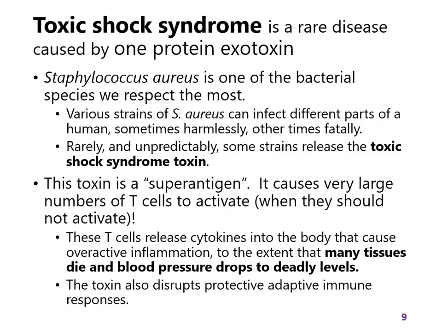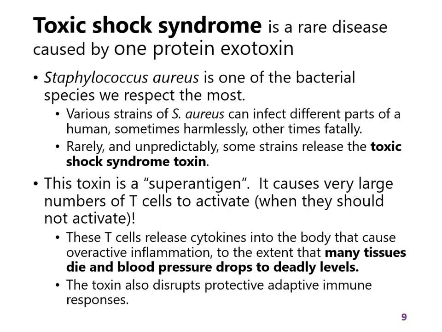What that does is circulate through the body until it finds T cells. And this toxin basically connects T cell receptors to the major histocompatibility complex 2. So if a dendritic cell is trying to activate a T cell, showing it an antigen, if this toxin is there, it will make the T cell activate whether it recognizes that antigen or not.